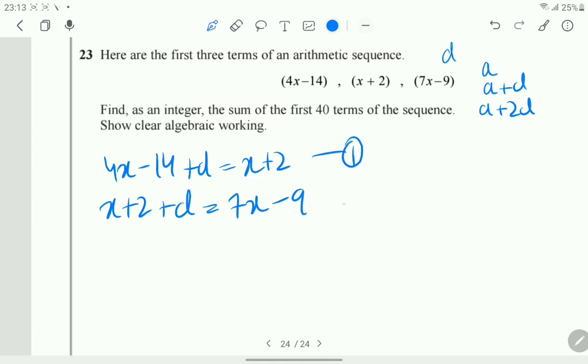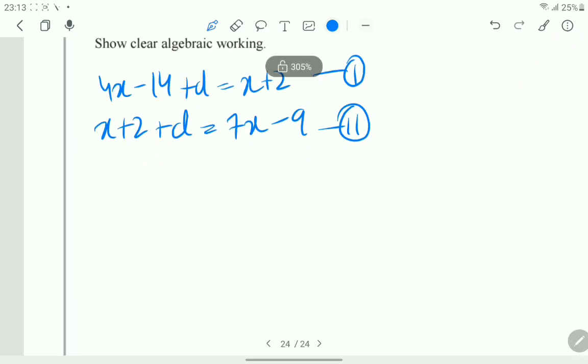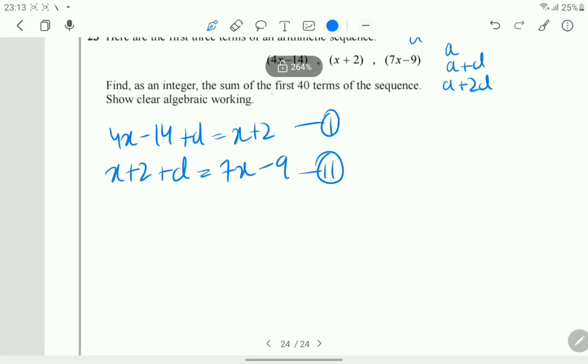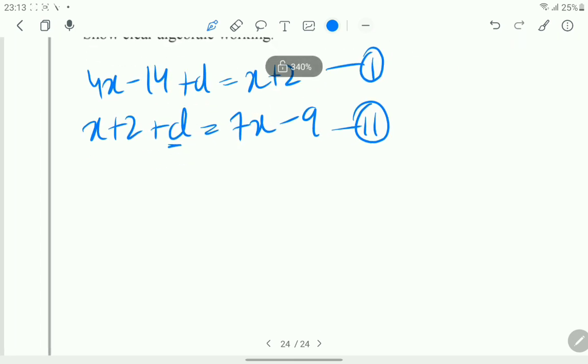So we have a pair of simultaneous equations here by design of this question. We will solve for d and x, and later find the sum of the first 40 terms, for which there is a formula, and that formula needs the values of d and a.